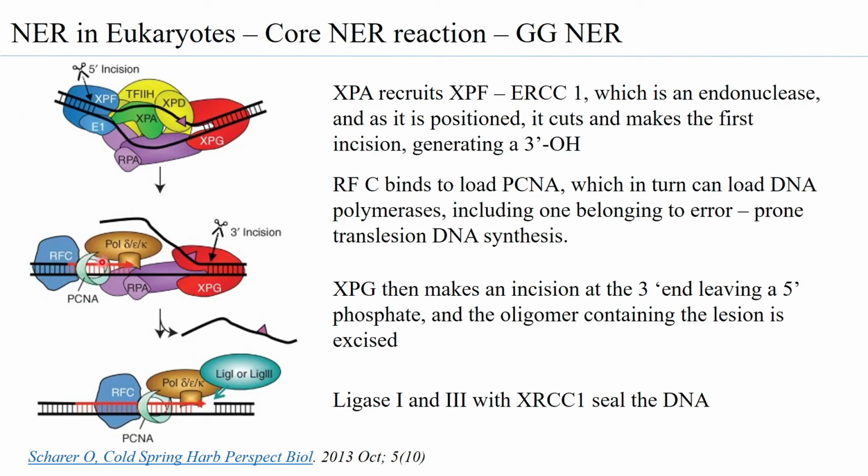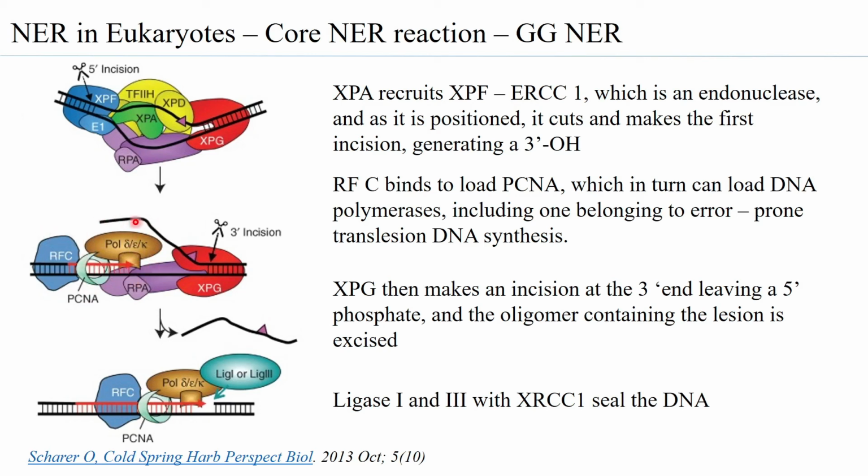Interesting to note is that you could have either Pol delta, Pol epsilon, or even Pol kappa helping in the NER process. In fact, DNA Pol kappa has been associated with NER, since a defective DNA Pol kappa does affect the NER process.